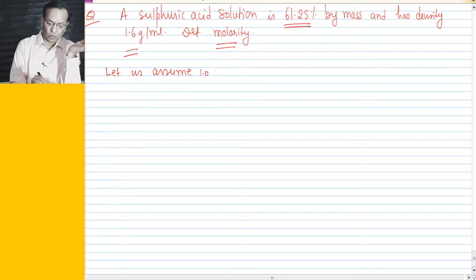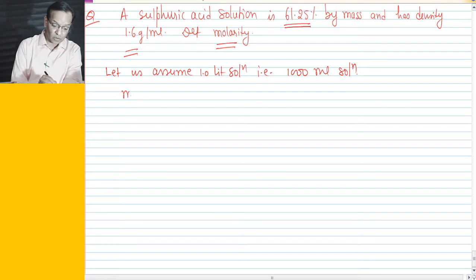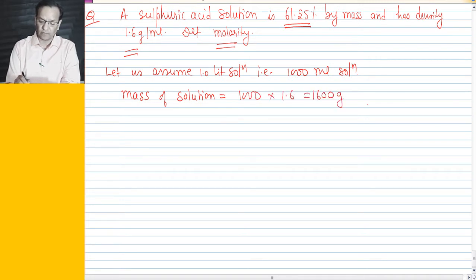Now if we calculate the number of moles of solute in this solution, it will be the molarity, since volume I have already taken as 1 liter. So mass of solution will be volume multiplied by density. So 1000 multiplied by density 1.6, so it is 1600 gram.